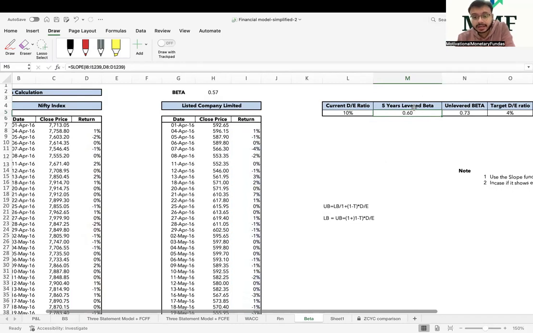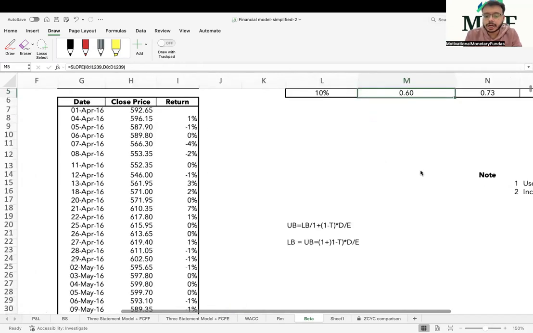Now, what is the levered beta? I'll make you understand. This is a 0.60 beta. It shows the stock is defensive per se, right? Not the portfolio, but this particular stock of the listed company is a defensive stock. Okay. Now, there are two more concepts to understand.